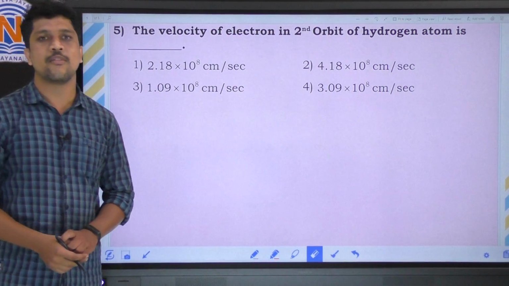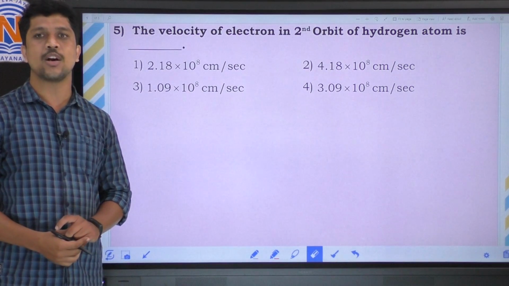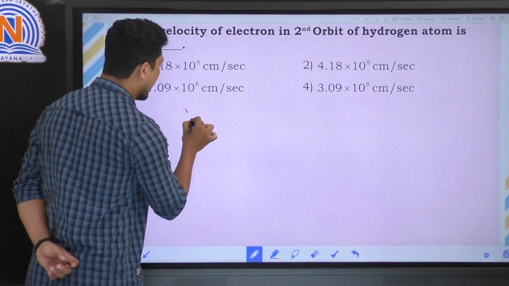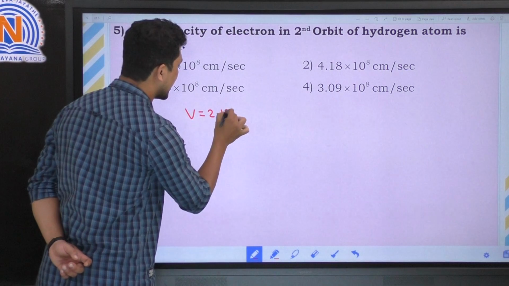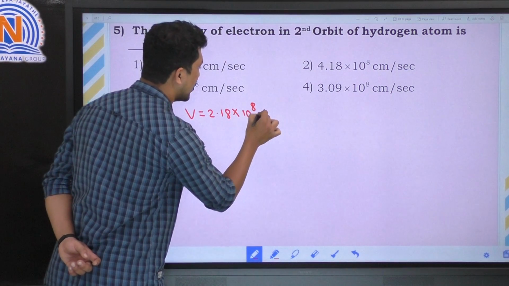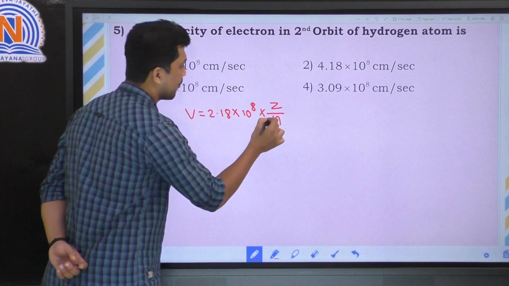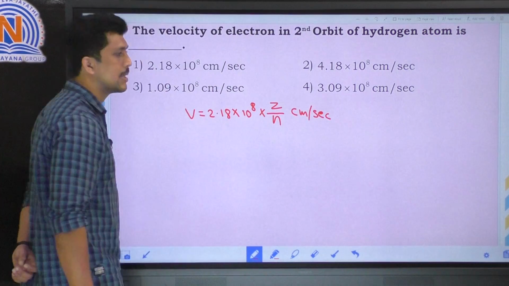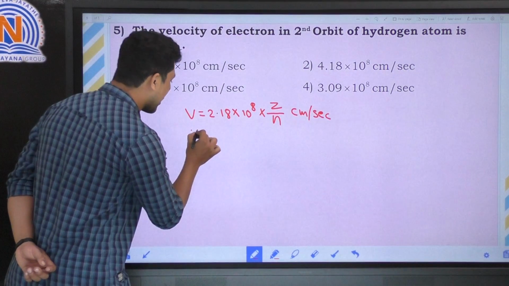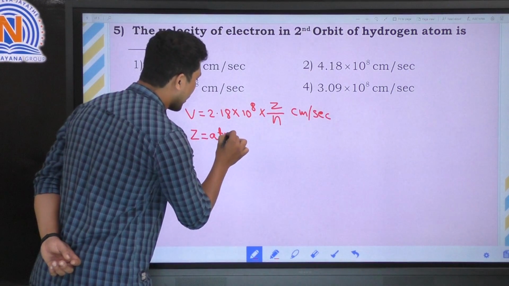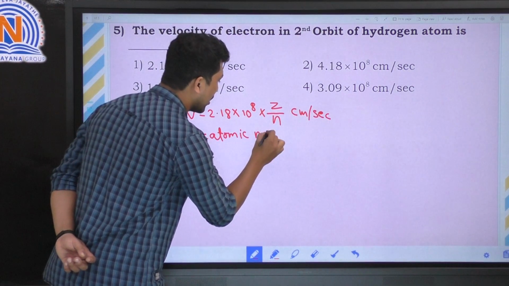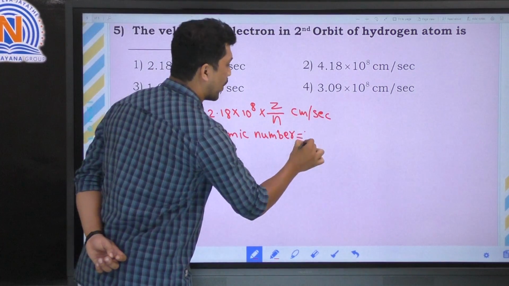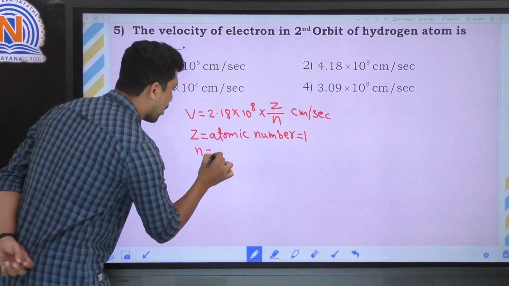Here the question, the velocity of electron in second orbit of hydrogen atom is. So what is the formula for velocity of an electron? V equal to 2.18 into 10 power 8 into Z by n centimeter per second. Here Z is the atomic number. What is the atomic number of hydrogen? That is 1. And n equal to orbit number.